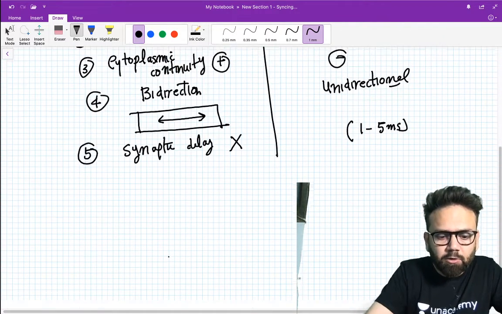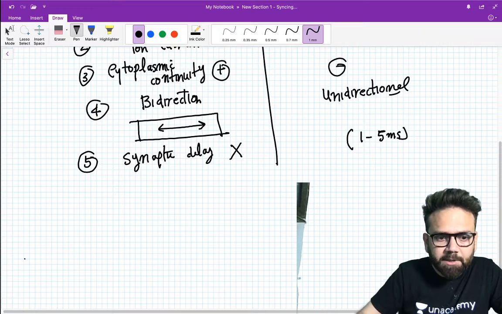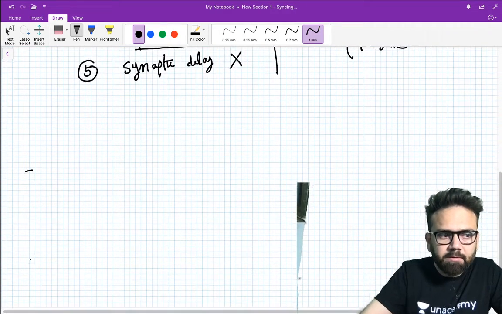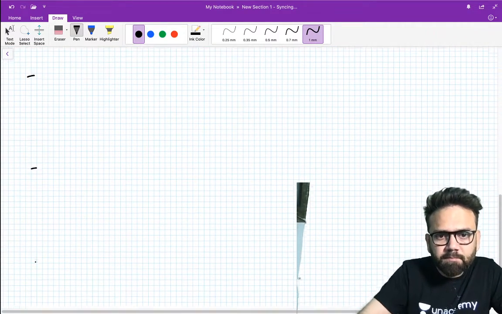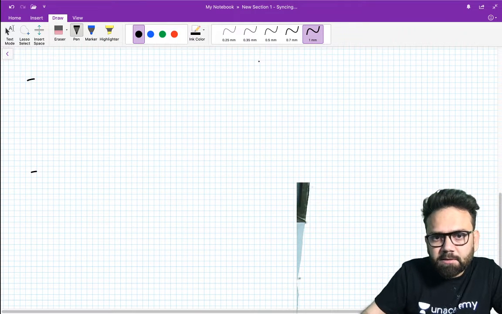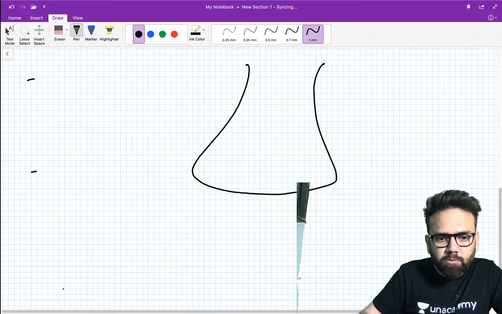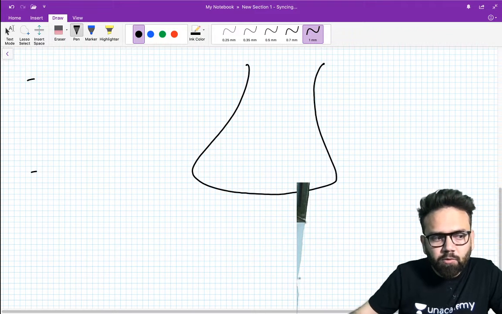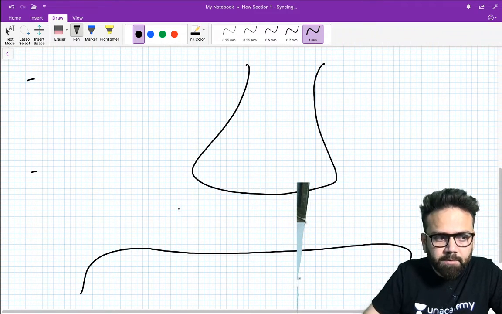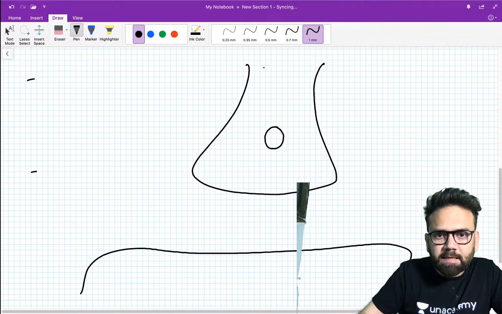Now first about synaptic transmission, the chemical one; gap junction we have already studied. So this is your neuron, this is your neuromuscular junction. You all know this story before, and this is the synaptic vesicle.